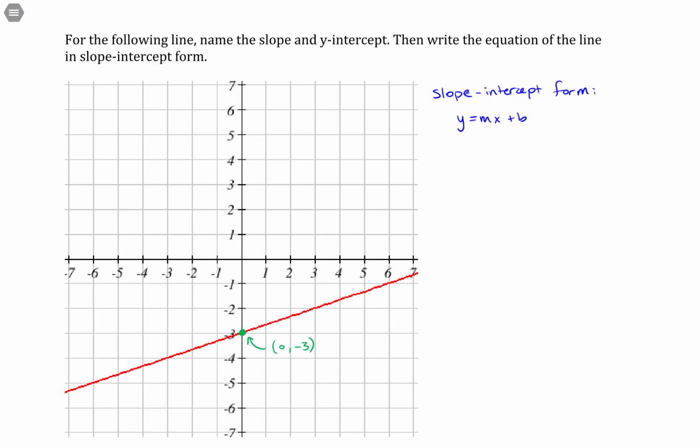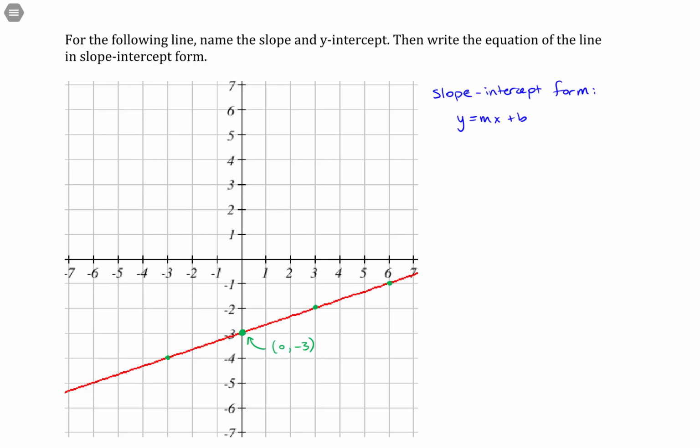Now the slope, all we need to do to find the slope is just go from this point here, or any point on the line, it doesn't really matter, and find the next place where the line crosses through a very visible point. Probably going to be integer based, but say for instance right here, that's a good one, or even right here is a fine one, or even back here. So there's a few of them that we can work with.